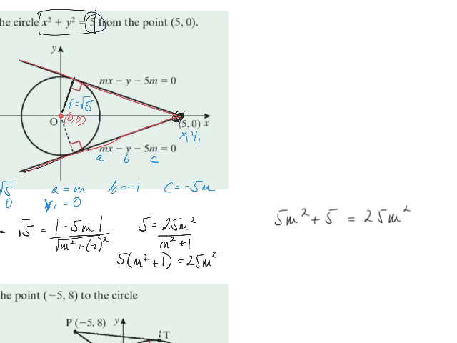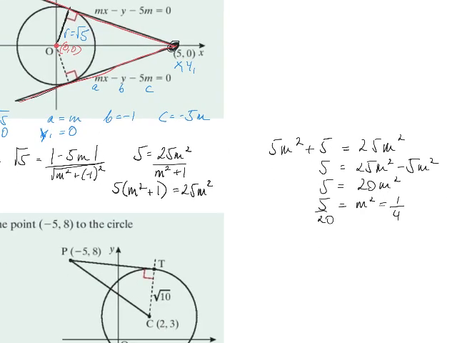So I bring the 5m squared to the left. So 5 equals 25m squared minus 5m squared, and that would be 5 equals 20m squared. I will divide by 20. So that leaves me with m squared is 5 over 20, which is the same as 1 over 4.